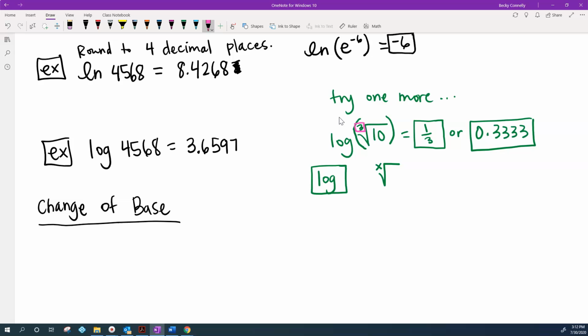Oftentimes you have to put it before, though. So after my log, I'd put in my 3. Right? So click on the 3. Then that button, which is actually a shift one, so you have to hit that shift button to get to this. And then put in 10.